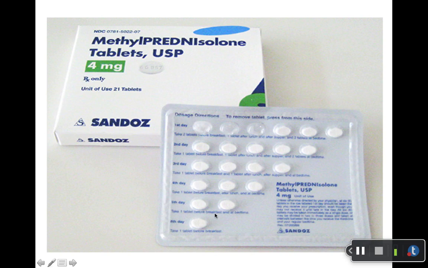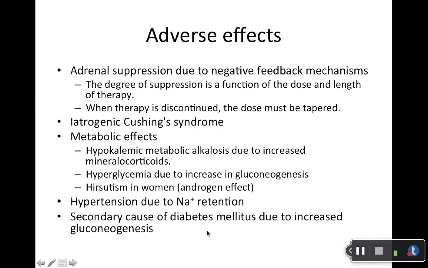Hopefully that makes sense. Tapering off lets your body readjust to being off the exogenous steroid. That's why they taper it off.